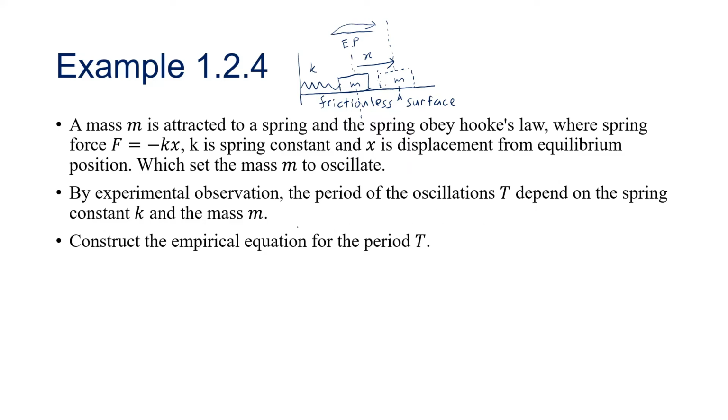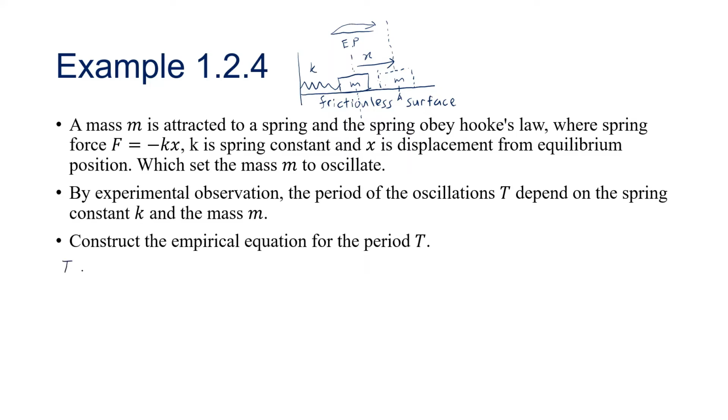Now, from the experimental observation, we observe that this period T depends on the spring constant k and the mass. That means if we change the spring to one with a different k, or we change the mass, it gives us a different result for the period T. So let's construct this empirical equation for the period T using dimensional analysis.